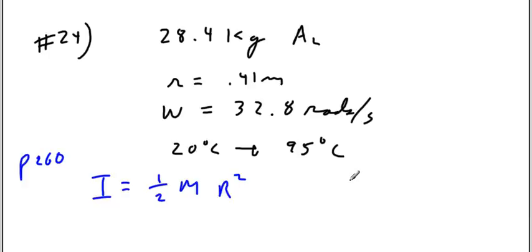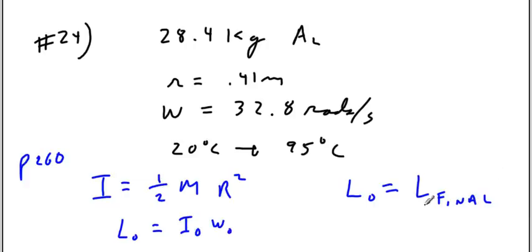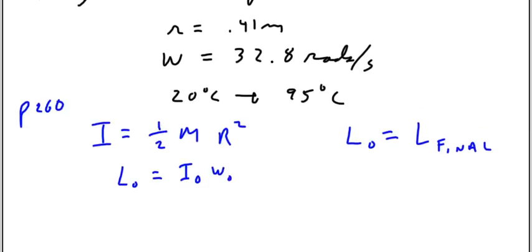And we're going to know that the initial angular momentum that we have is going to equal the final angular momentum. So we note that that's the case. And we also know that the angular momentum L naught is going to be I naught omega naught. Okay, so we know that that's the case.